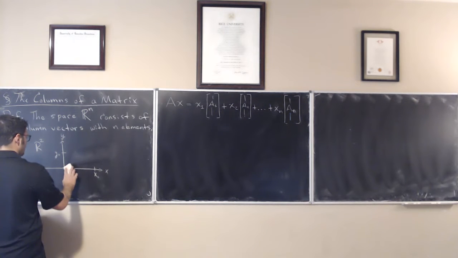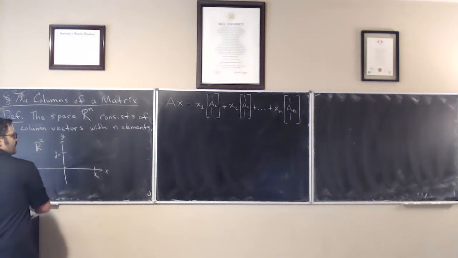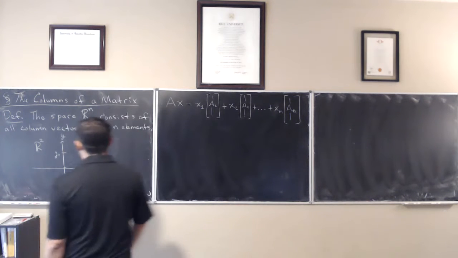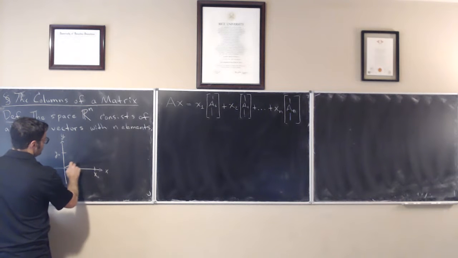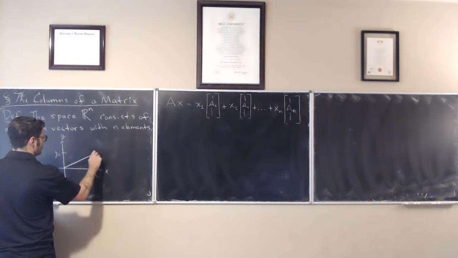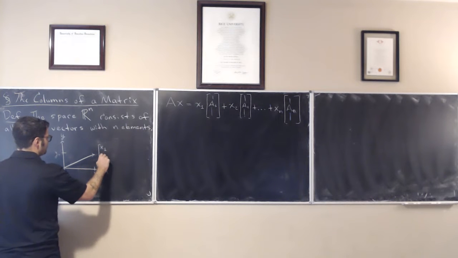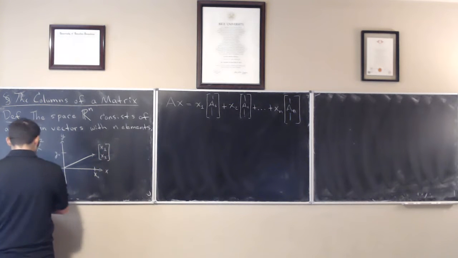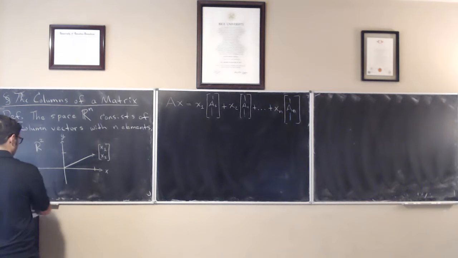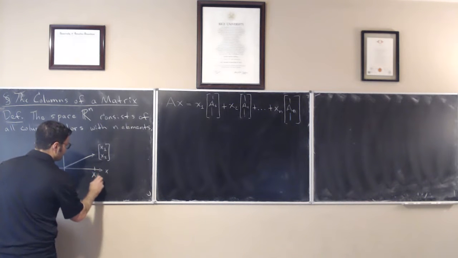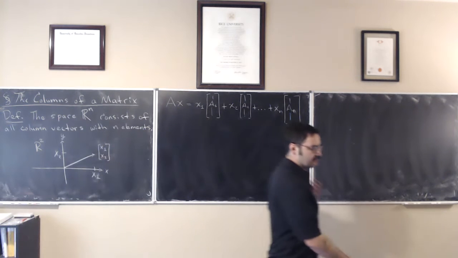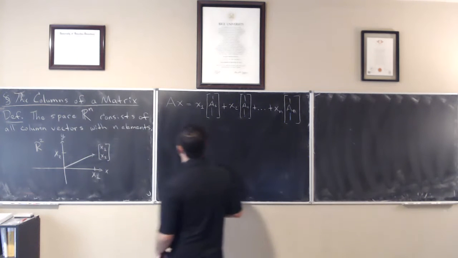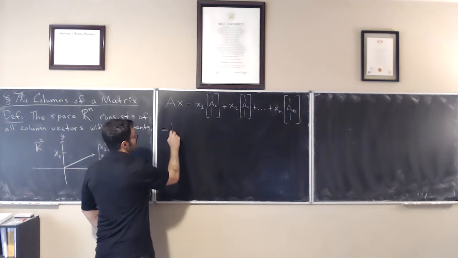So when you take a vector x and you put it in here somewhere, let's call this x with components x1, x2, and we multiply x by A, it's going to be equal to some vector b.